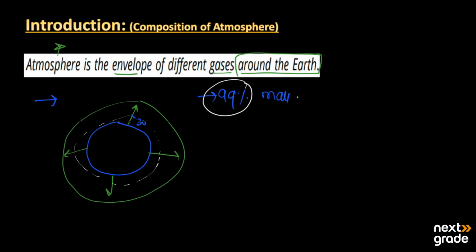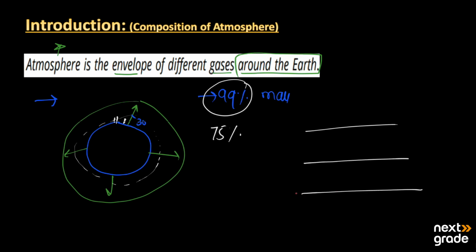And 75% lies within 11 kilometers. So if we divide the earth surface, for example, this is the earth surface and this is the sea level.